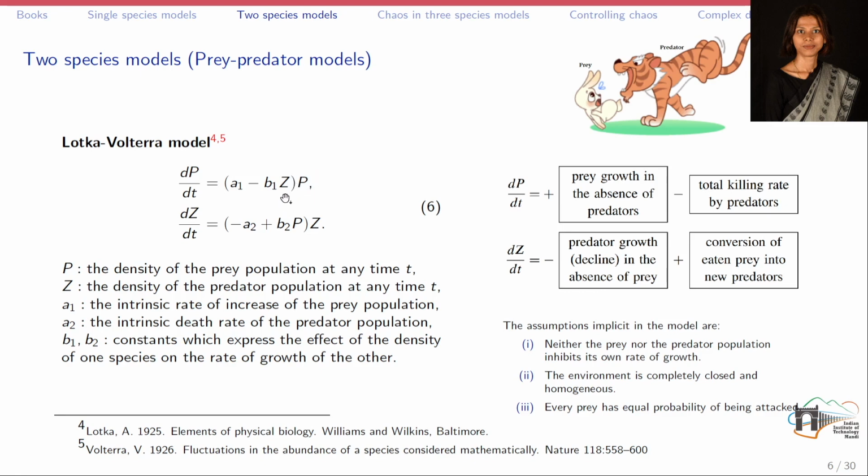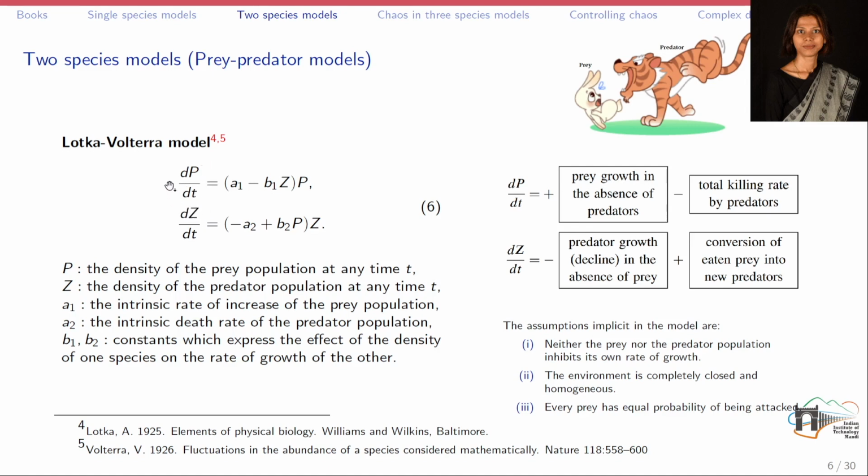This was one of the drawbacks of this model, and it was very unrealistic. Here as we can see, dp/dt, p is the prey population and z is the predator population.